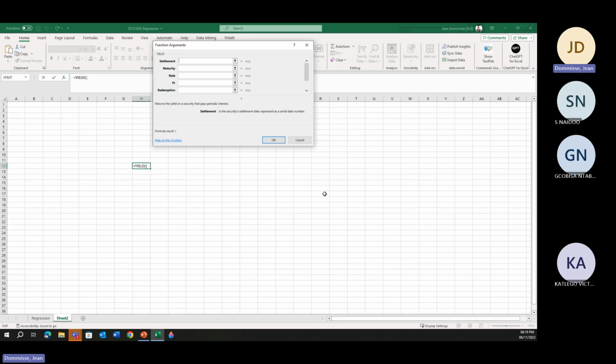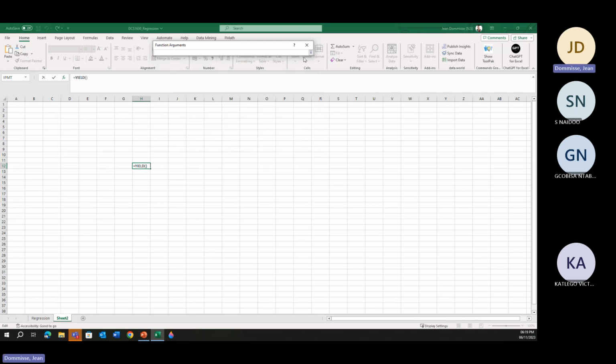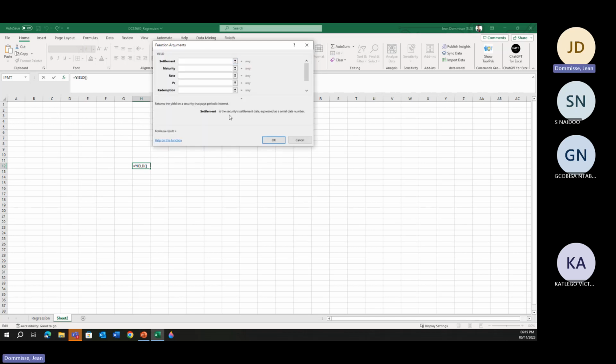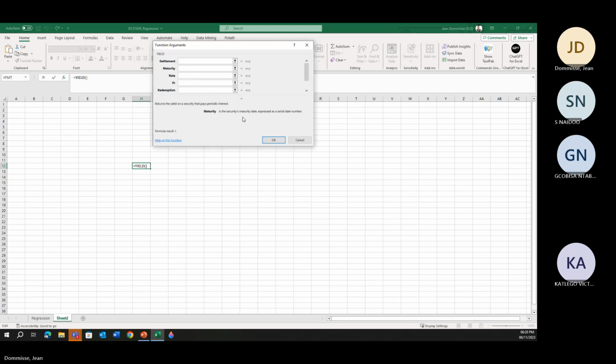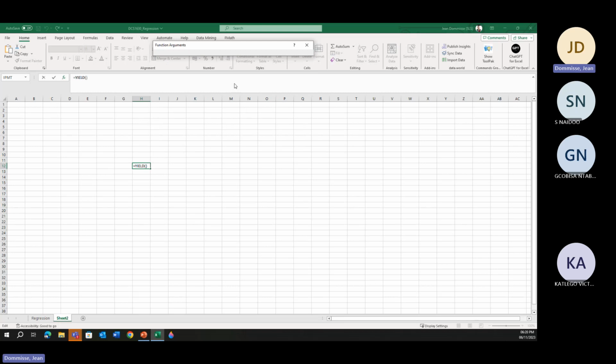I must still learn how to make this bigger so that we can see. So the settlement amount, the security settled date expressed as a serial date number. Okay, that's fine. The maturity date, the rate. I just want to see.